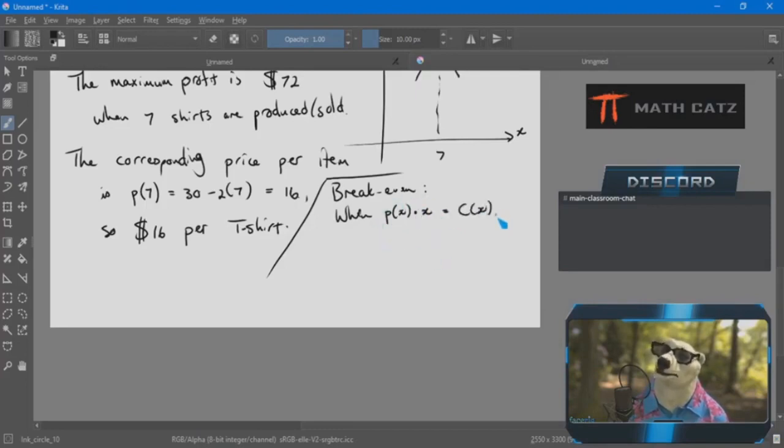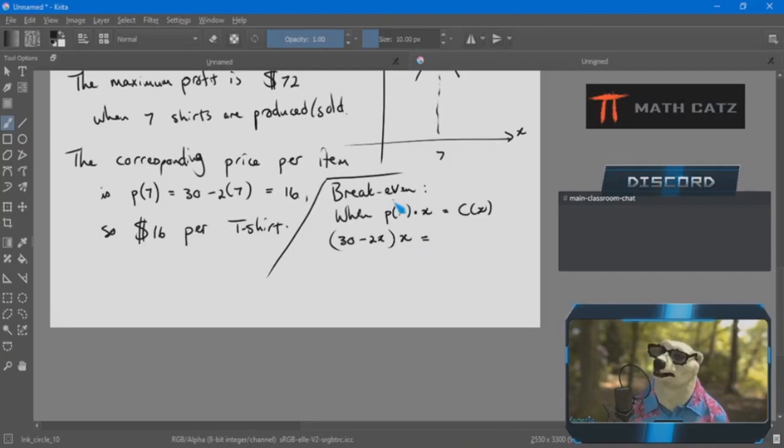Revenue equals cost, meaning profit is 0. So now I have to remember, what was the price function? 30 minus 2x, all times x. I should make a new page, shouldn't I? Yeah. This is not going to be enough space, I don't think.